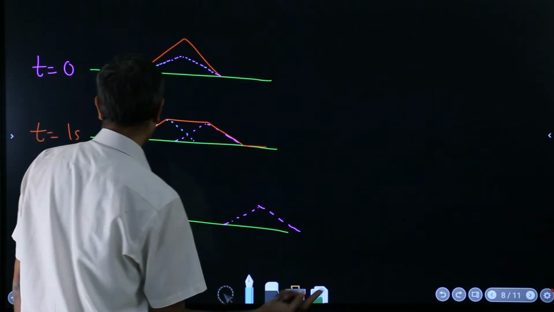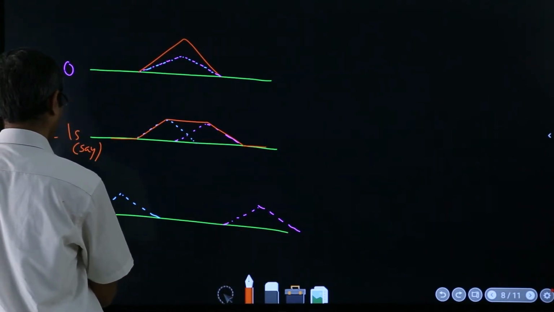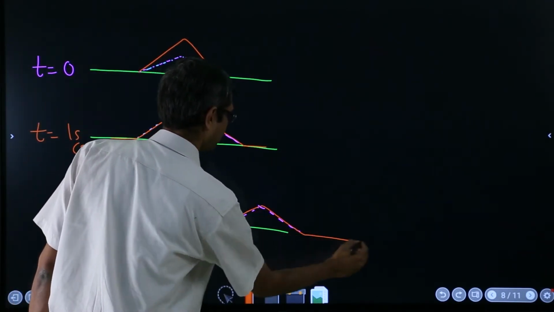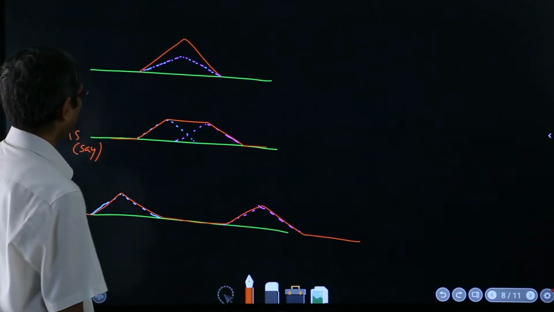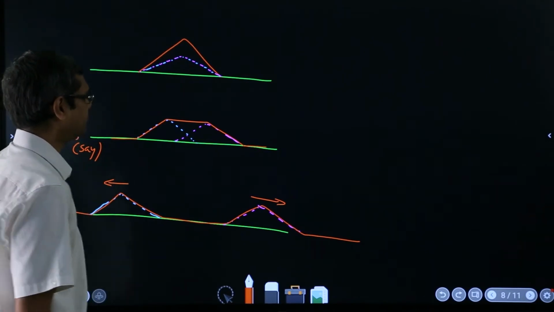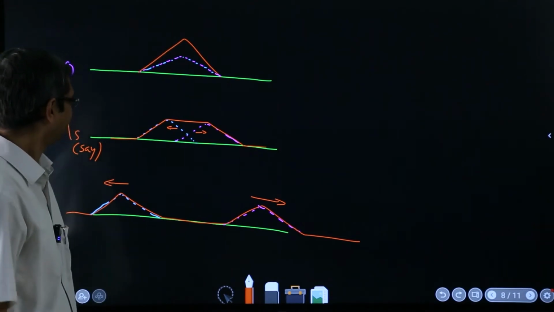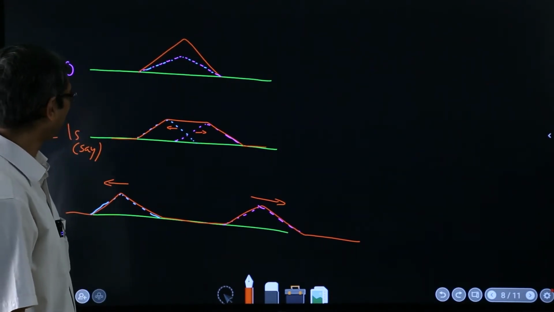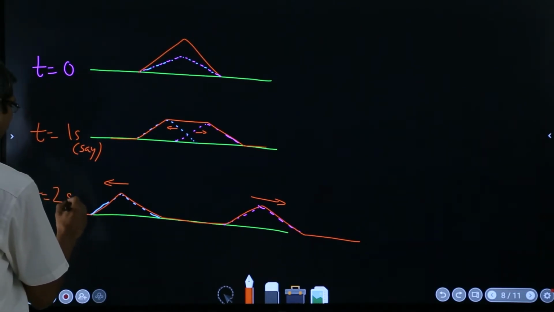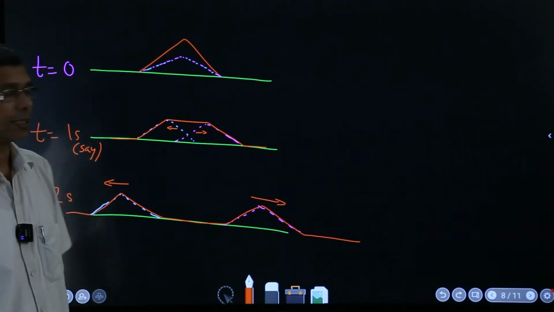So that's the setup. This part moves this way, this part moves this way. Here for completeness, maybe it is at say 2 seconds. So that's the meaning of the whole thing.